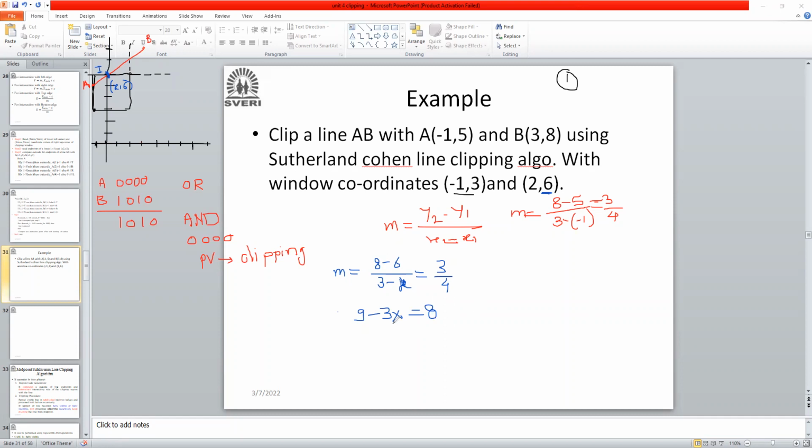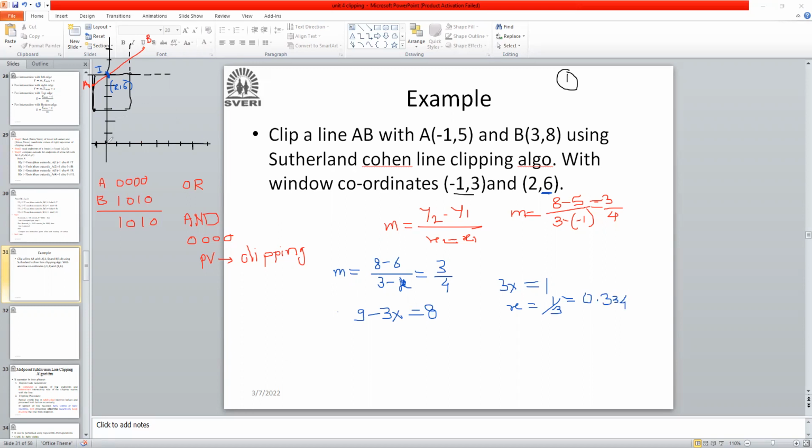So this 3x I will move this side and 8 I will move this side. So 3x is equal to 9 minus 8, that is 1. So x equal to 1 by 3. So we can see that 1 by 3 is nothing but 0.3, 0.334 like that.